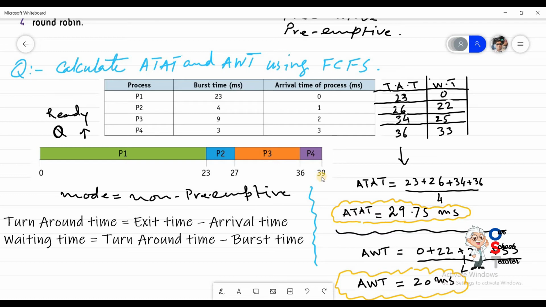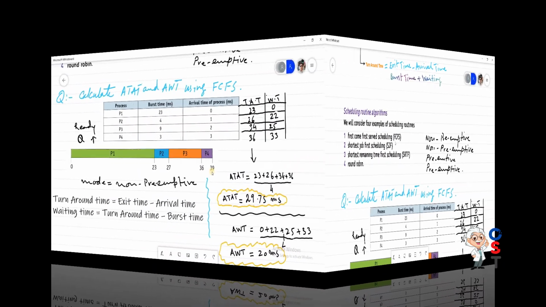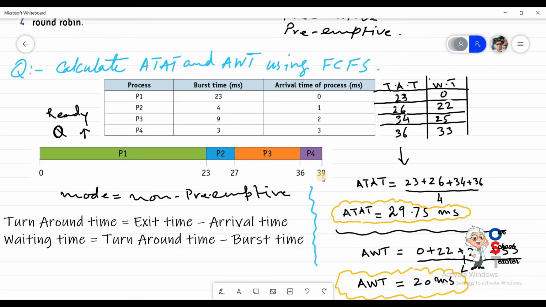So the completion time of P4 is 39, similarly exit time of P3 is 36, exit time of P2 is 27, and exit time of P1 is 23.